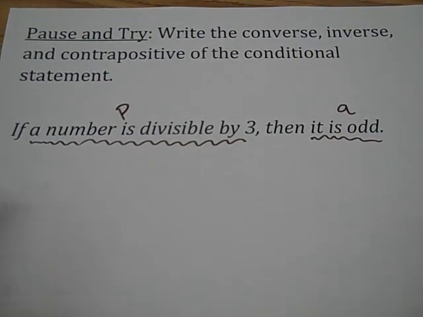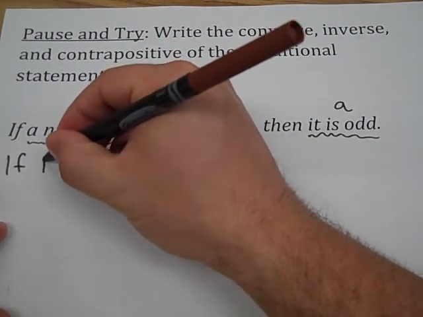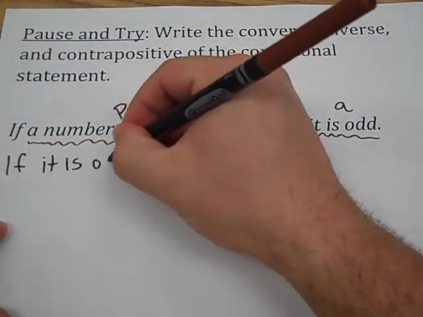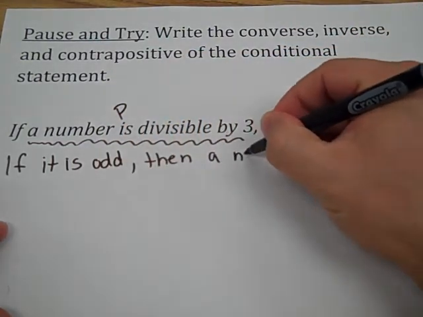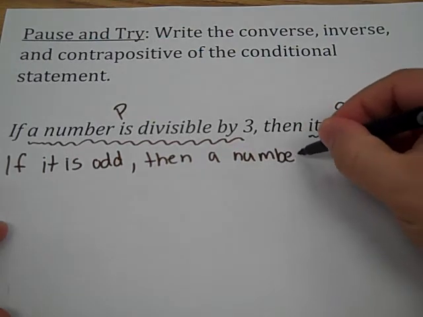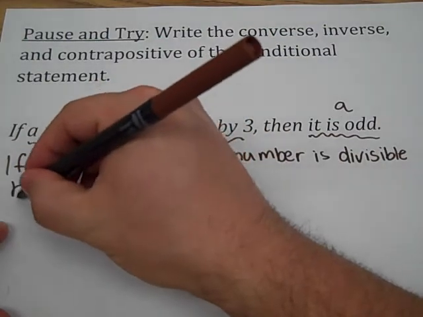In order to write the converse, we switch those. So we write, if it is odd, then a number is divisible by 3.